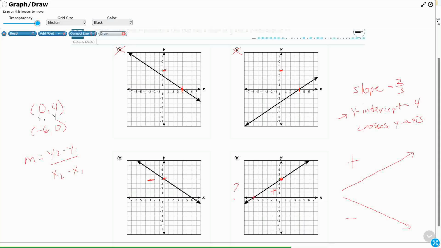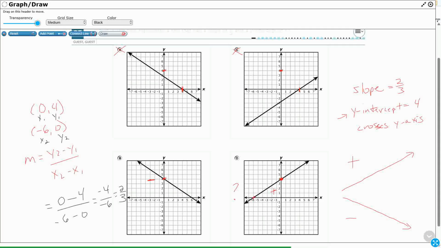It would work if we reversed those, as long as our x1 is always with our y1 and our x2 is always with our y2. So let's do 0 minus 4 over. Now, that's a negative, so in order for it to be positive, my denominator needs to be negative as well. I've got my x's, -6 minus 0. So that ends up being -4 over -6, which is +2/3. All right, so that does check out.